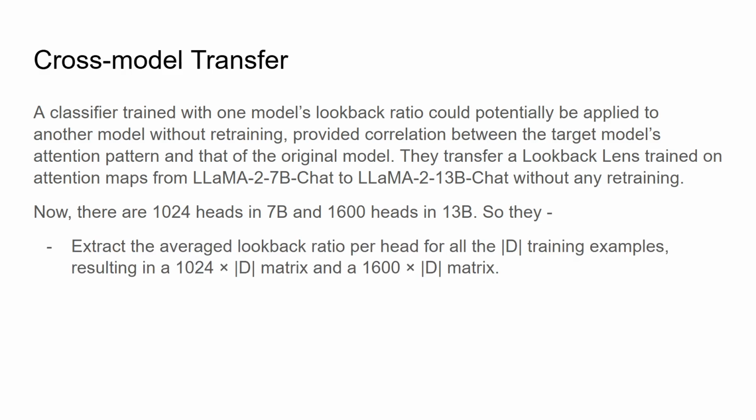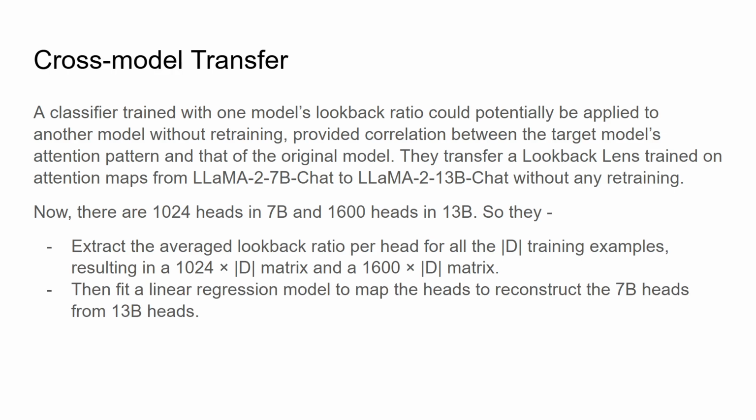They extract the average lookback ratio per head for all the D training examples. So you have a 1024 cross D matrix for the first one and a 1600 cross D matrix for the second one. So you basically have how much attention ratio per head per data sample in this matrix for both models.